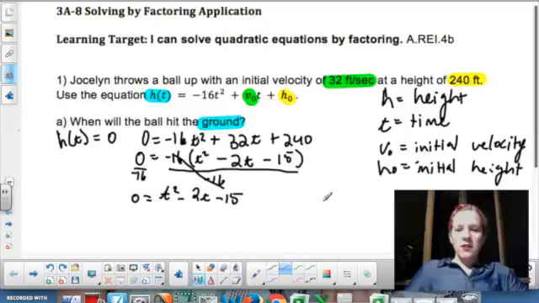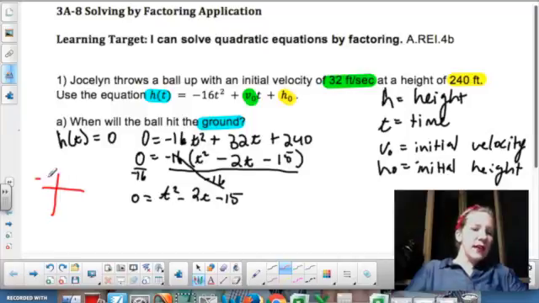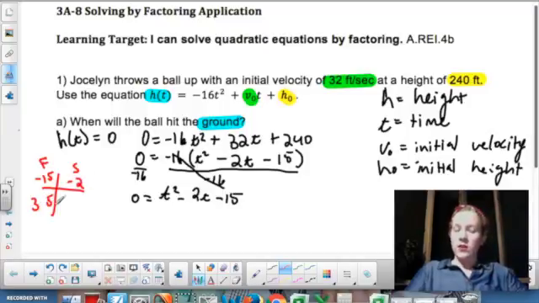So I'm going to go off to the side and draw myself a little table, and I'm looking for factors of negative 15 with a sum of negative 2. With 15, the very first thing that comes to my mind is 3 and 5. Because it's negative, I know one of these is going to be negative, so I'm looking over to my sum to figure out which one should be negative.